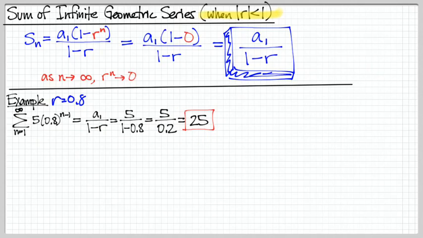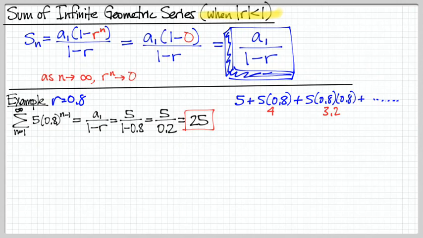So what it's saying is if I took 5 plus 5 times 0.8, which is equal to 4, and then I took that value, 4 times 0.8, which is equal to 3.2, and I kept on doing that forever and ever, it would add up to this very precise number of 25. It doesn't ever get bigger than 25. It's equal to 25.